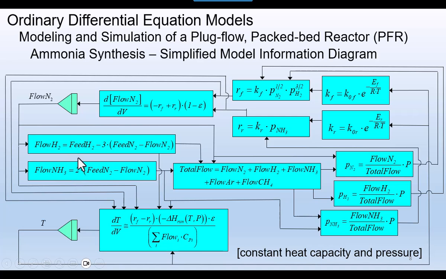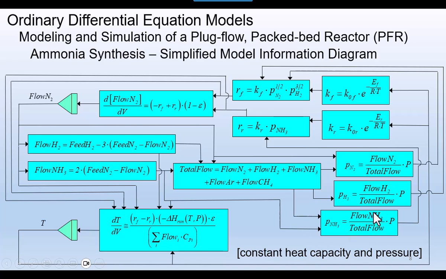These are the two stoichiometric relationships which give us our other flows, and we can combine those along with, in this case, argon and methane as our accompanying components that do not participate in the reaction. That gives us our total flow.